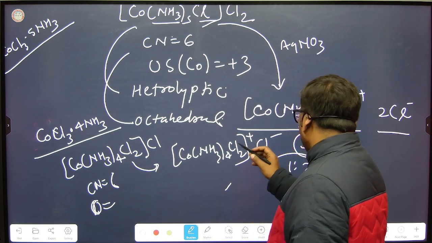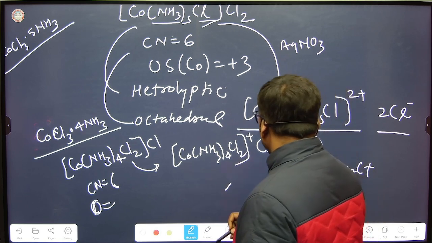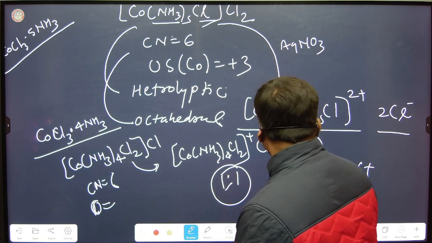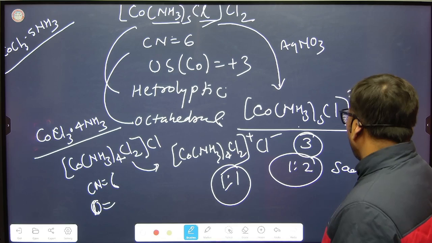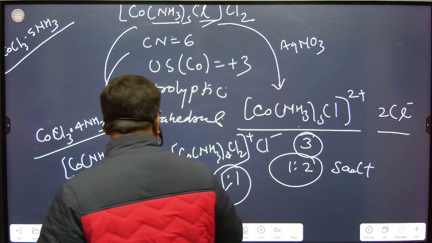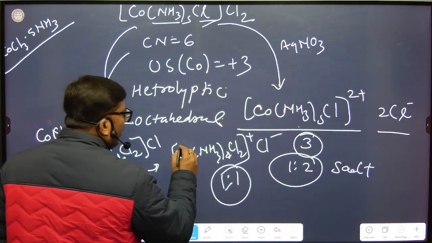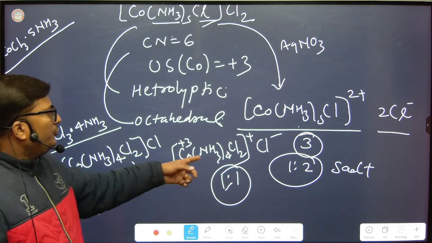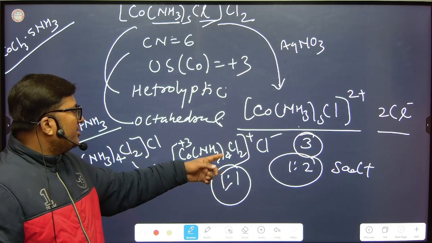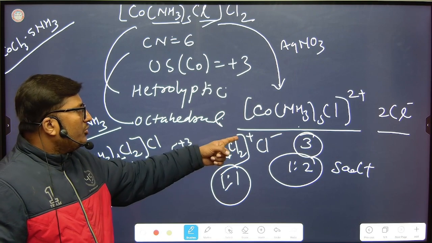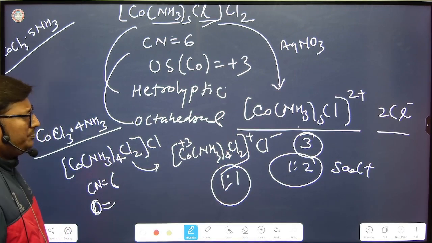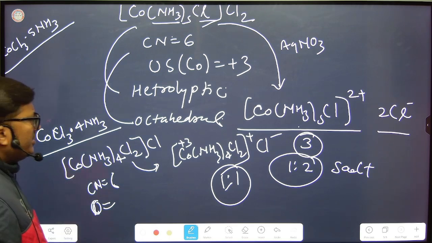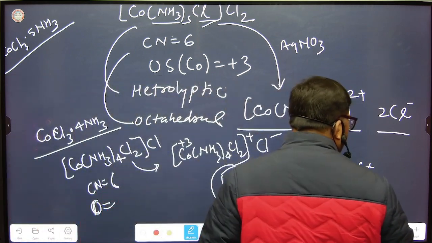Overall the complex bears 1 positive charge. So this is a 1:1 type of salt. Here it was a 1:2 type of salt, right? So the overall oxidation number of the cobalt still remains 3 because 2 chloride ions are present in the coordination sphere and 1 positive charge. So this is the second inference from this compound.